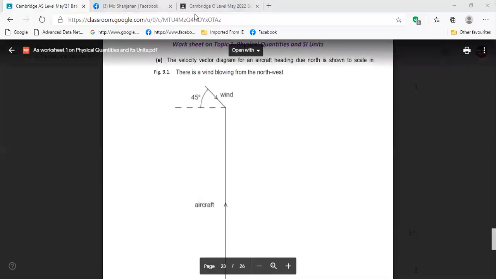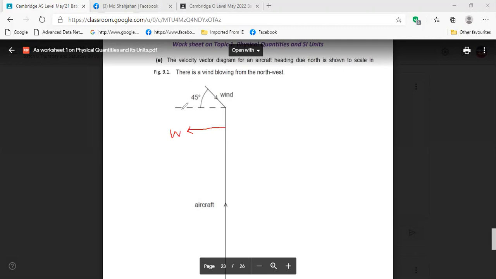Here is west, to the right is north. Like I told you, if you face west, then your right side is north. So if it is north, then your west is this side. Don't mix up.